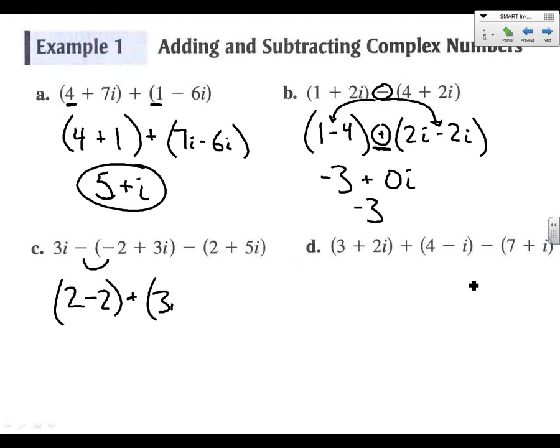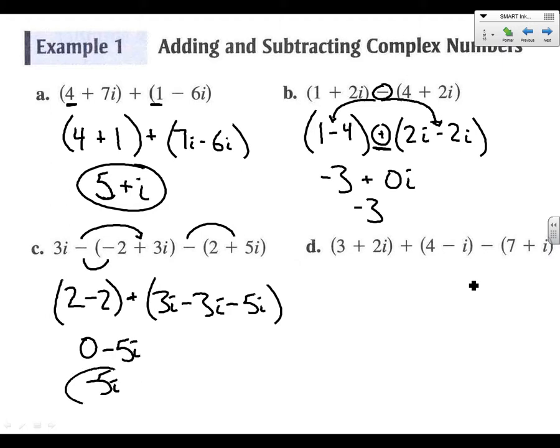We've got 3i. We're going to say minus a positive, so that's -3i. And we're going to minus another positive, minus 5i. 2 minus 2 is 0. And we ended up with minus 5i, or just -5i.